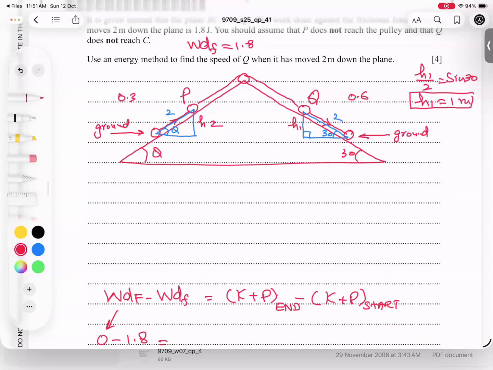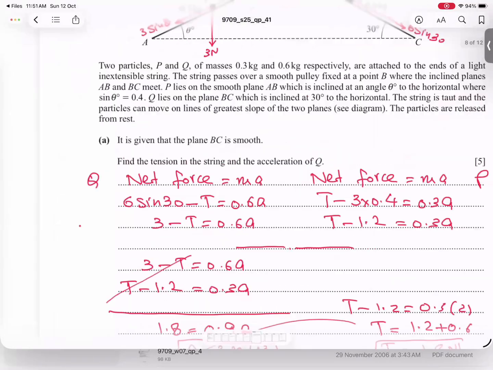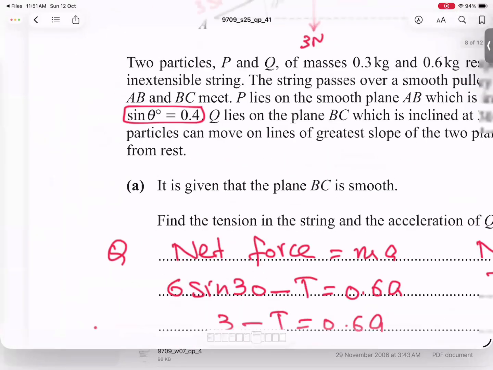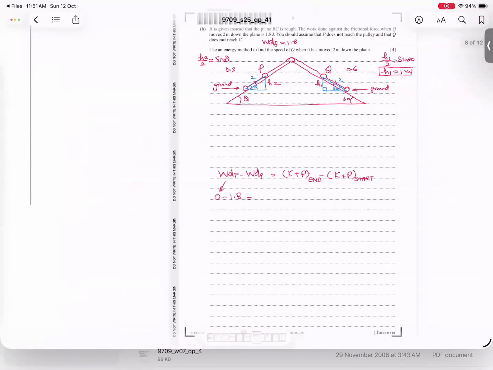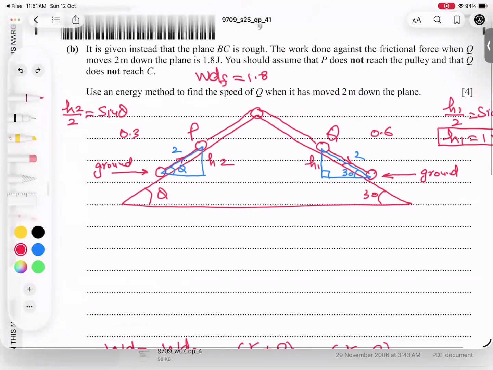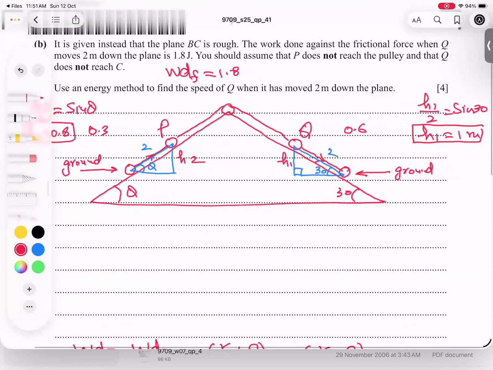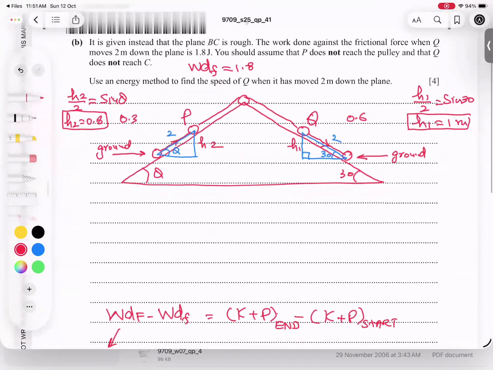But when you talk about h2, opposite by hypotenuse, h2 by 2 is equal to sine theta, which is, I think, 0.4. Look, I'll show you. You can see 0.4. So when I use 0.4 times 2, I get h2 as 0.8. Okay, so both heights we have now.